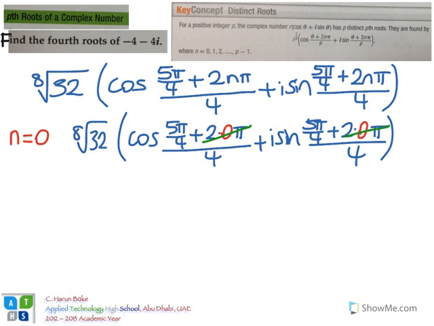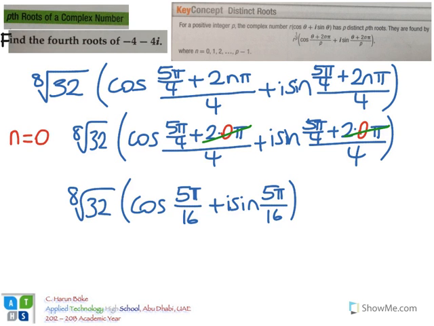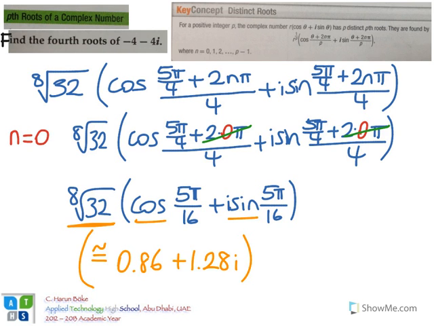So the root will be 8th root of 32 times cosine 5 pi over 16 plus i sine 5 pi over 16. If the question asks you to convert this to rectangular form, you will just do your calculations for cosine and sine and find approximately 0.86 plus 1.28i, together with, of course, multiplying your calculations in here with 8th root of 32. So this is what happens when you do the substitution and find the root.